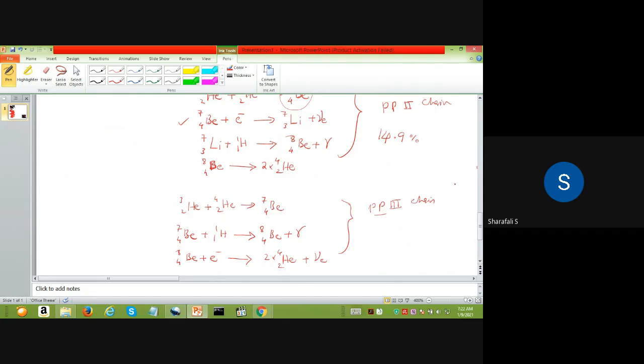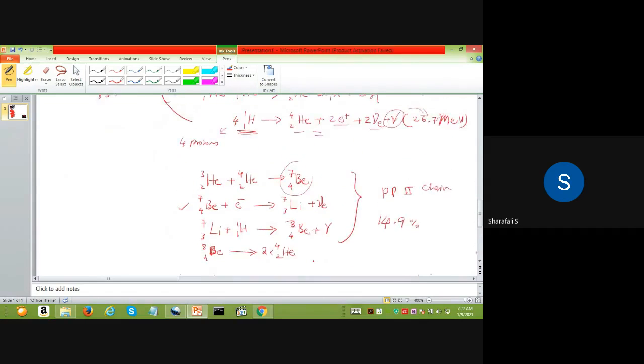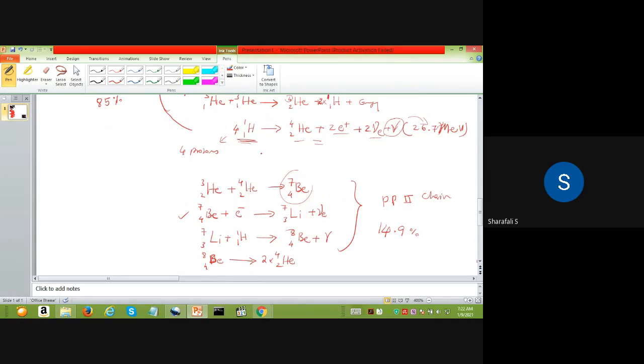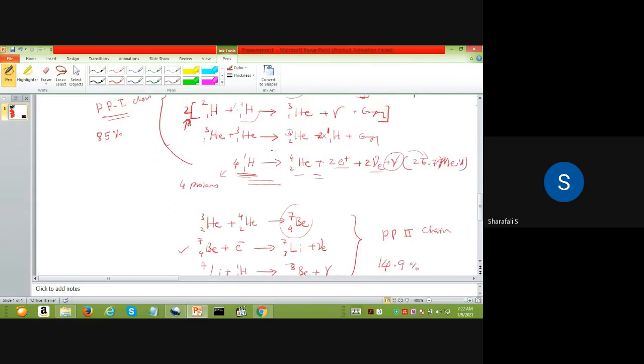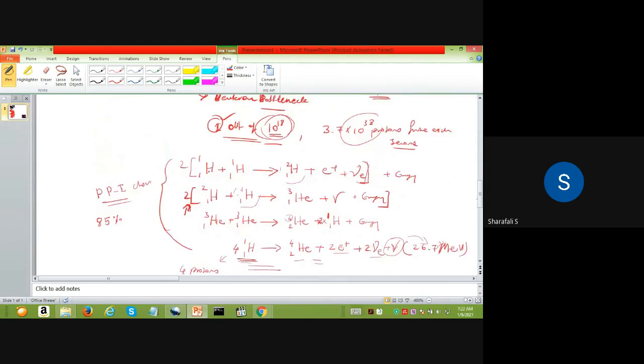Okay. So if you consider all these reactions, what are the end products from all of them? These end products will be the same. This is the final reaction. We can see that 4 protons are combining here.